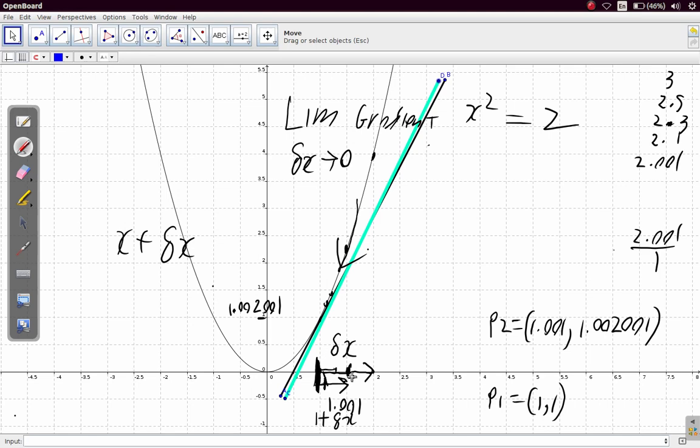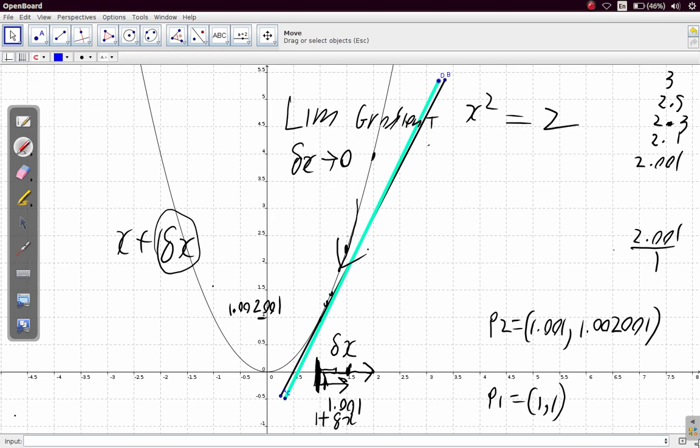We added something to x, and then we keep chopping that addition off, making it closer and closer to 0. So we were approaching 1. As that small addition tends to 0, the gradient seemed to approach 2, because when we had 0.001 added to 1, the gradient was 2.001. So it seemed as if it was approaching 2.